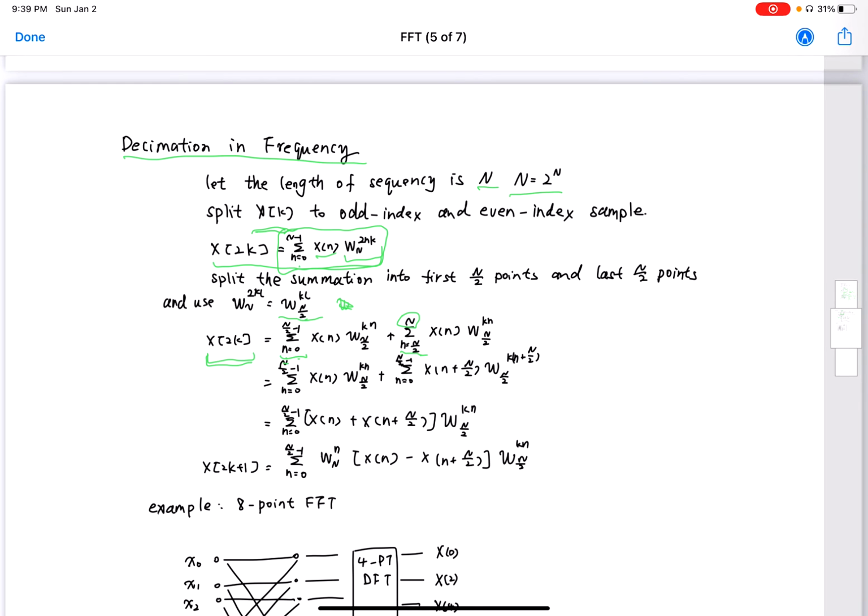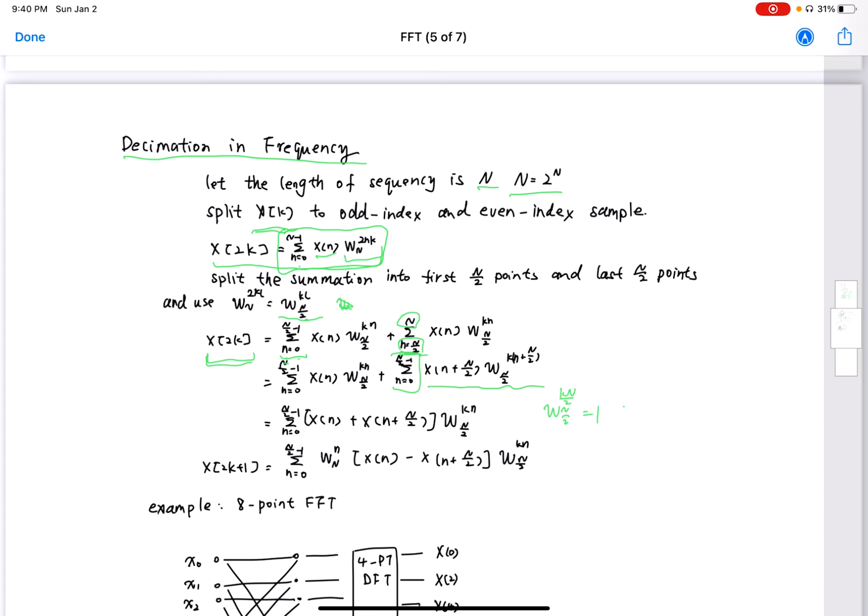Then we rewrite n in the last summation. We get this formula, and then omega N over 2 to the power of kN over 2 is actually 1.